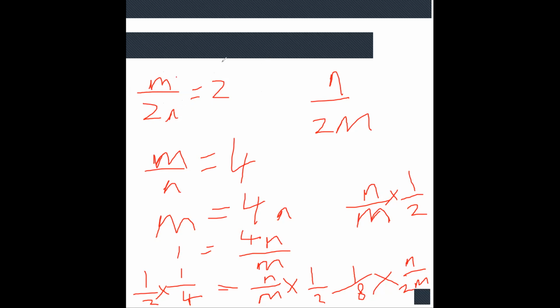What you could do is make m be 4 and n be 1. So if m is equal to 4 and n is equal to 1, then boom, you have 2, right?